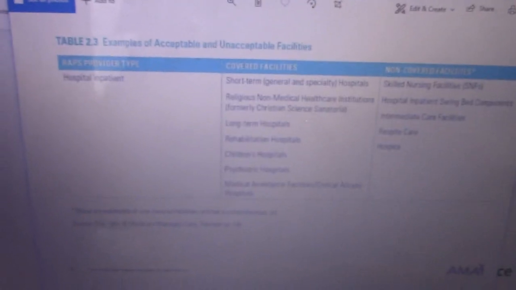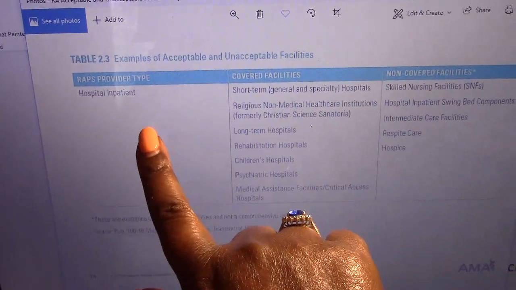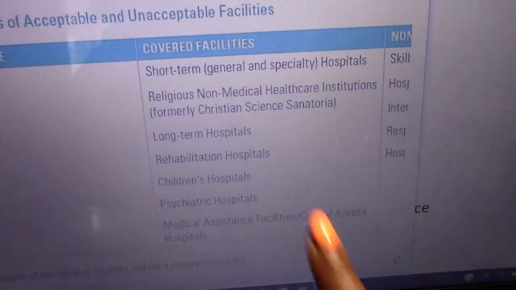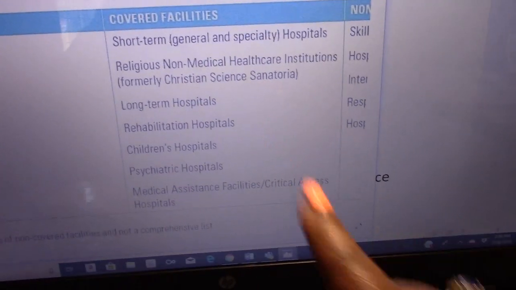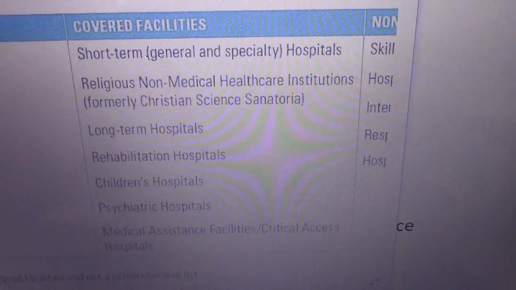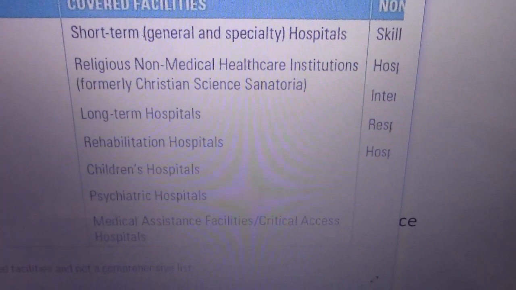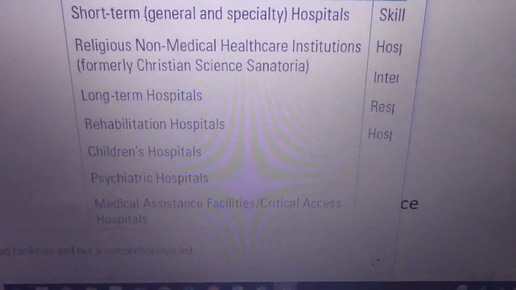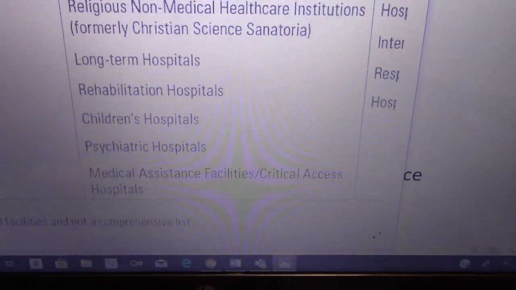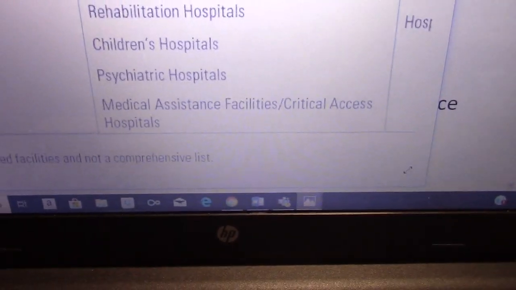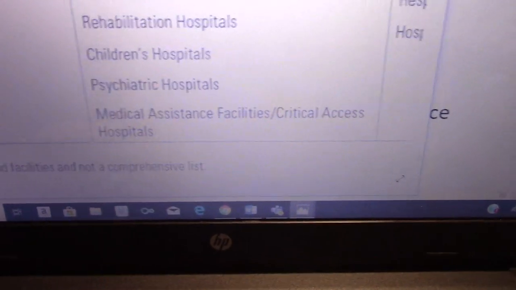Okay, it says provider type hospital, inpatient, and then covered facilities include short-term, general, and specialty hospitals, religious non-medical healthcare institutions, long-term hospitals, rehab hospitals, children's hospitals, psychiatric hospitals, and medical assistance facilities or critical access hospitals.